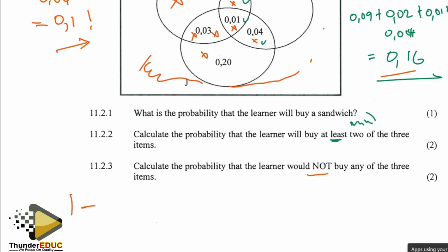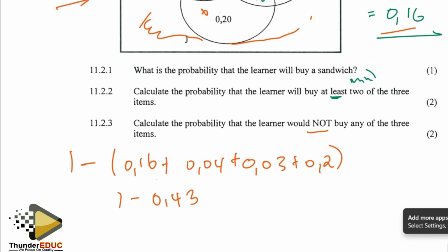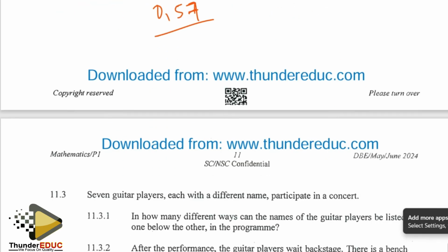So I'm going to say 1 minus the probability of everything, which is 0.16 plus 0.04 plus 0.03 plus 0.2. I hope that makes sense. 0.16 plus 0.04 plus 0.03 plus 0.2 is 0.43. When you subtract that, I'm going to end up with 0.57. That's my answer. Okay, that is question 11.2.3.